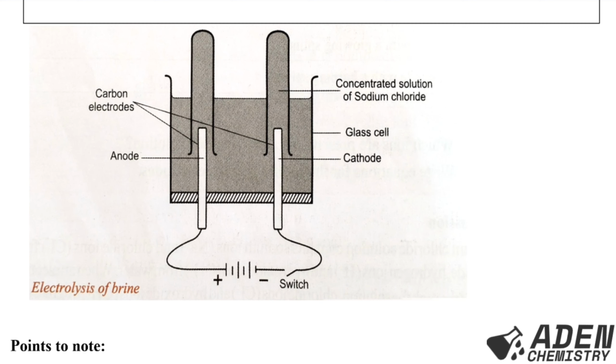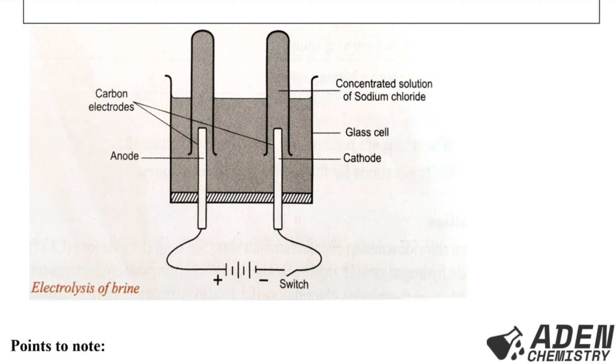Next, we are going to see the electrolytic cell. This is the electrolytic cell. We are going to have the cathode here, and the cathode is the electrode which is connected to the negative terminal of the battery. This is the anode, and the anode is the electrode which is connected to the positive terminal of the battery. You have to know that. So when we are having electrolysis of sodium chloride solution, our electrolyte there is concentrated sodium chloride.